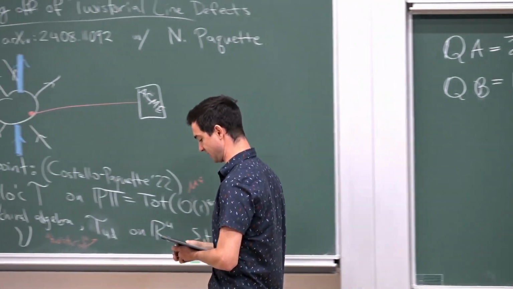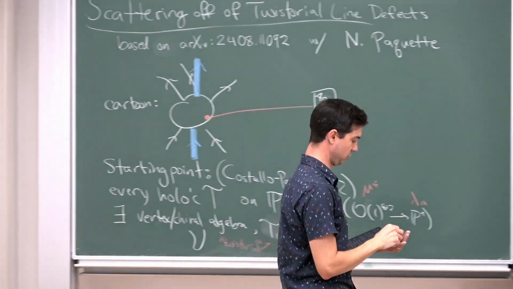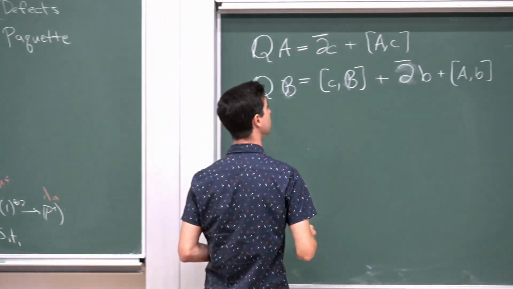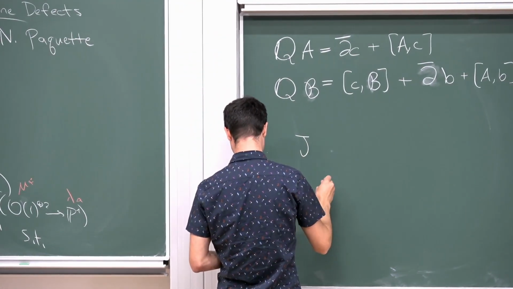And so unpacking this a little bit, we'll have two types of generators for our celestial algebra.